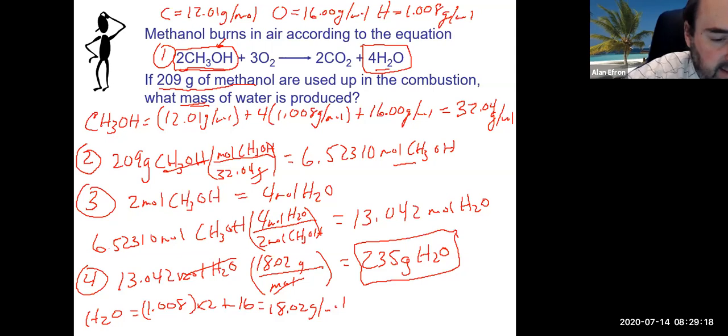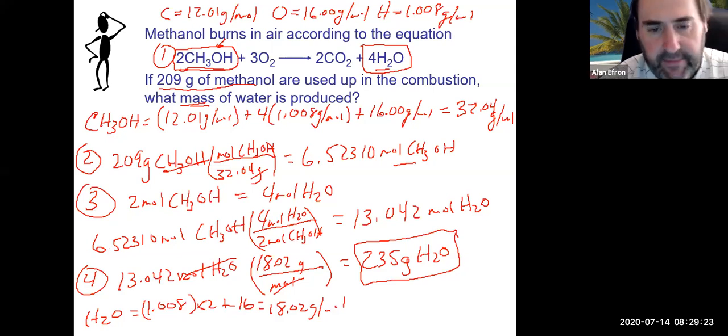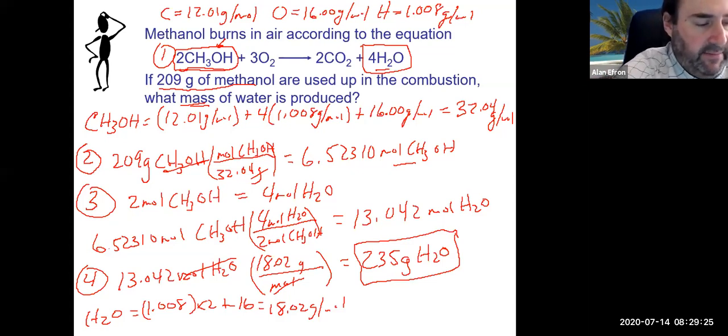So you can see the same 4 steps, although I did break it up and got an answer after each step. You don't necessarily have to get an answer after each step. You could do just one long calculation if you want. If you do get answers in between, like I sort of did here, I would recommend that you take each answer to a good number of digits and round it at the end when you're all said and done.